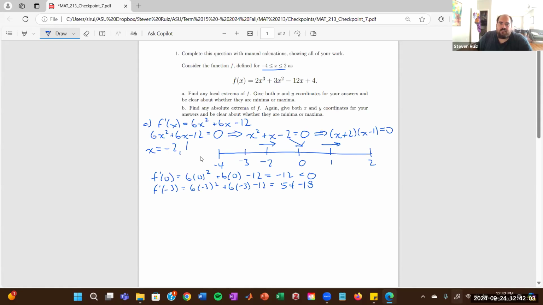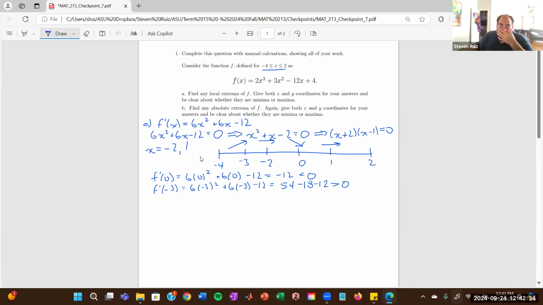Minus 18 minus 12. So that's going to come out to be, looks like 24. What I really care about, though, is that it's positive. So I have an increase up to this point, and I have a horizontal tangent line, and then I have a decrease. So that's enough for me to prove definitively that I have a local maximum or a relative maximum, whichever term you prefer, at x equals -2.